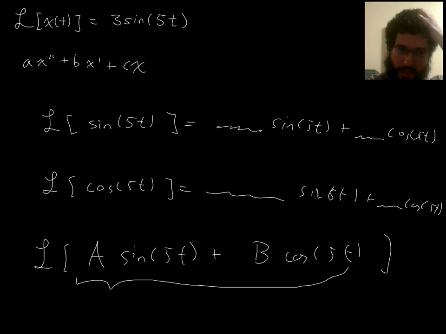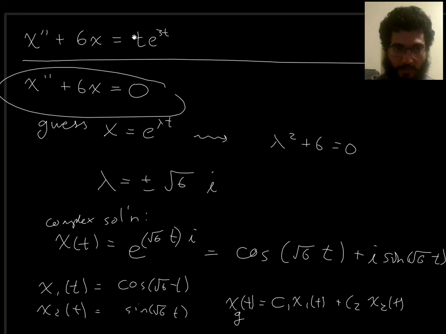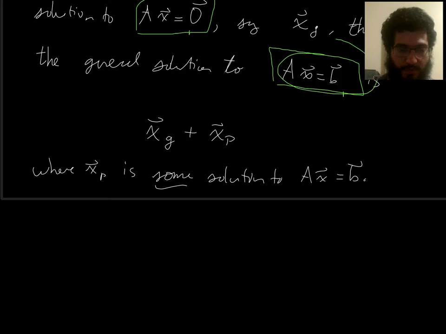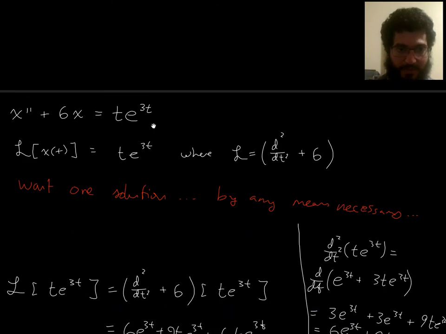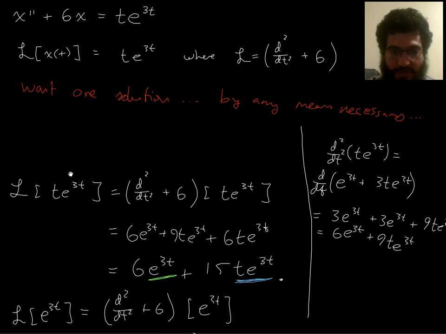Like back when we were working on, where'd it go? This one, we were relying on the fact that applying L to this gives us a linear combination of it and its derivatives. We just wanted not to get the zero linear combination out, right?